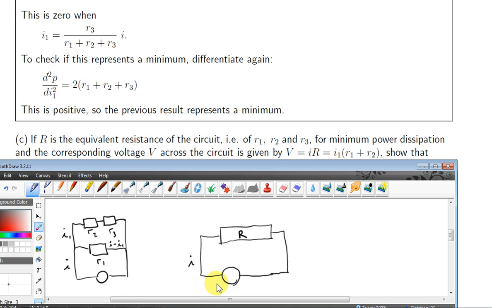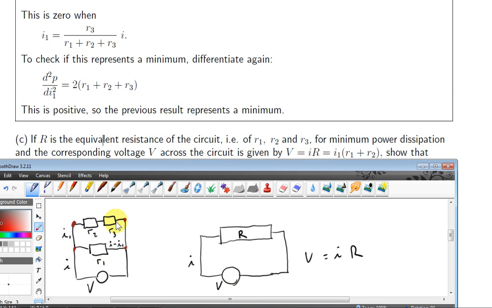Now the voltage V across this circuit is just I times R, and that must be the same as the voltage V across this circuit, so we want these two circuits to be equivalent in terms of V, I and resistance R. Now the voltage drop across this part of the circuit, say from this point to this point here, is the same as the voltage drop across here, because this resistor is parallel to these two resistors, so the voltage drop across either piece is the same, and it's equal to V as the voltage across the entire circuit.